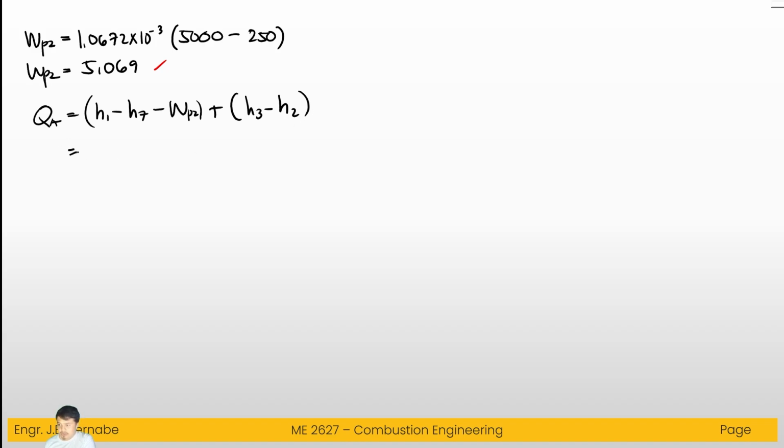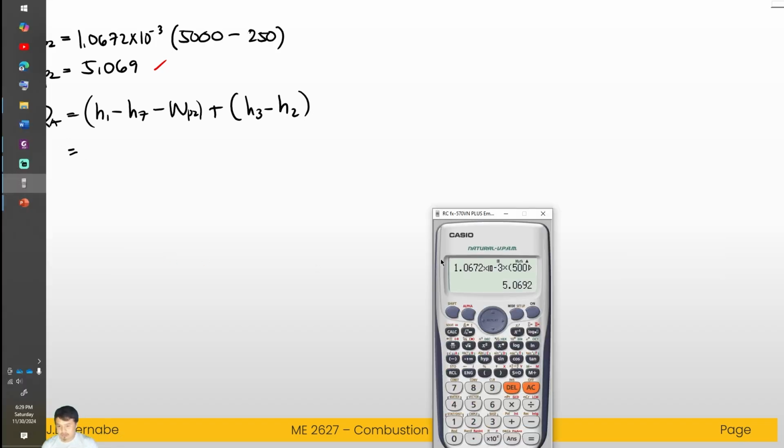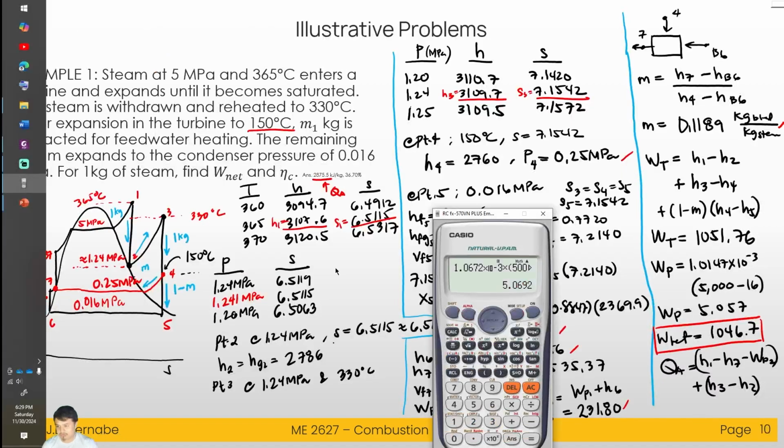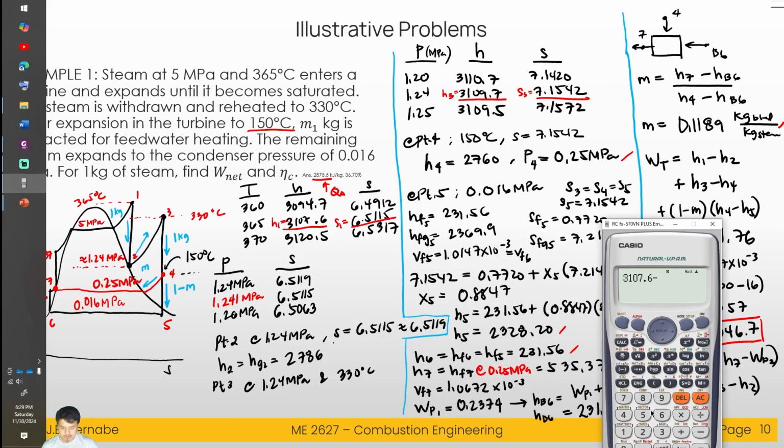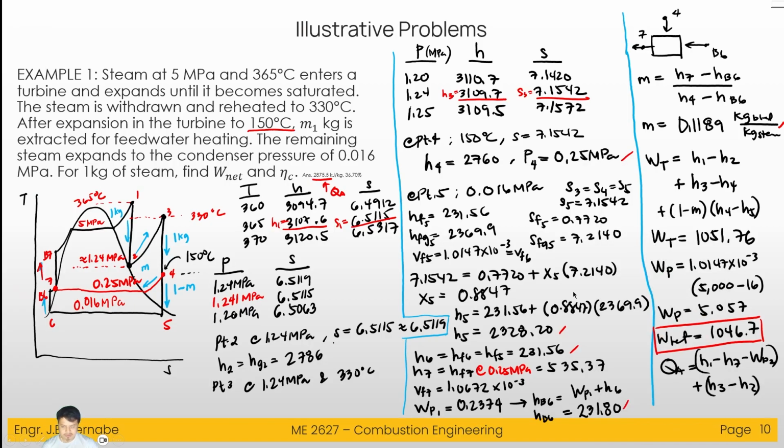H1 here, we need to go back down. H1 is 3107.6 minus H7. H7 natin ay 535.37. Minus pala, minus 5.069, which is the pump work.